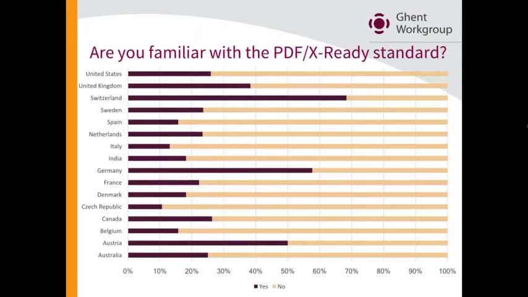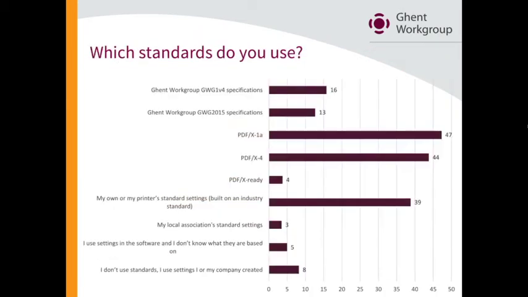What is perhaps more important is which standards do you use? It's really cool to know about PDFX, but if you don't end up using it, then for the Ghent Workgroup, that's a little bit of a loss still. And when you look at which standards do you use, then again, PDFX scores very high, both PDFX 1A and PDFX 4, which is not surprising.